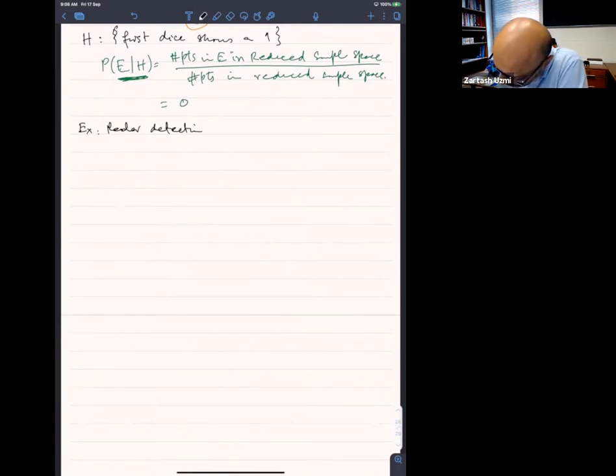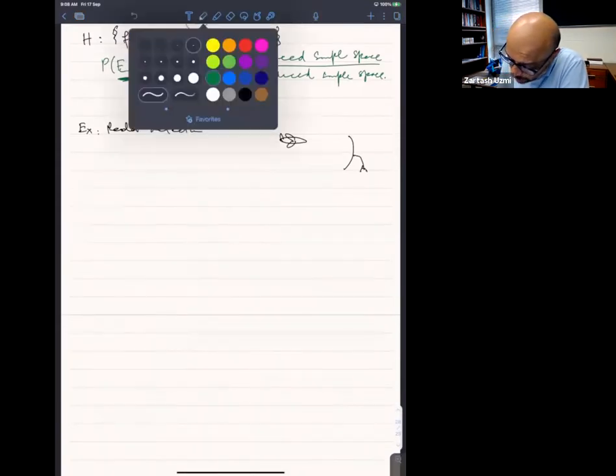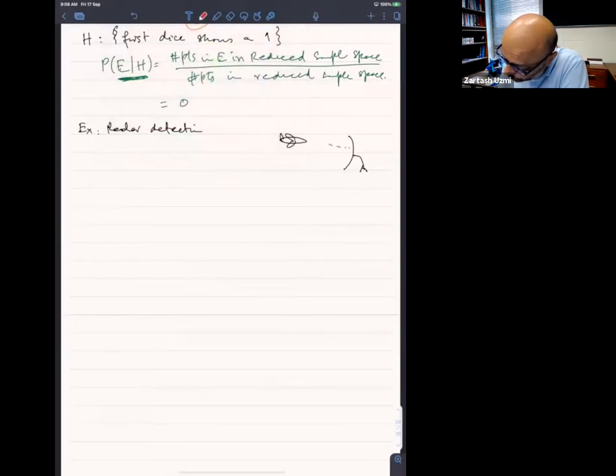So if an airplane comes here, you have a radar. This radar throws waves from here, receives them back, and detects that there is an airplane in the range.